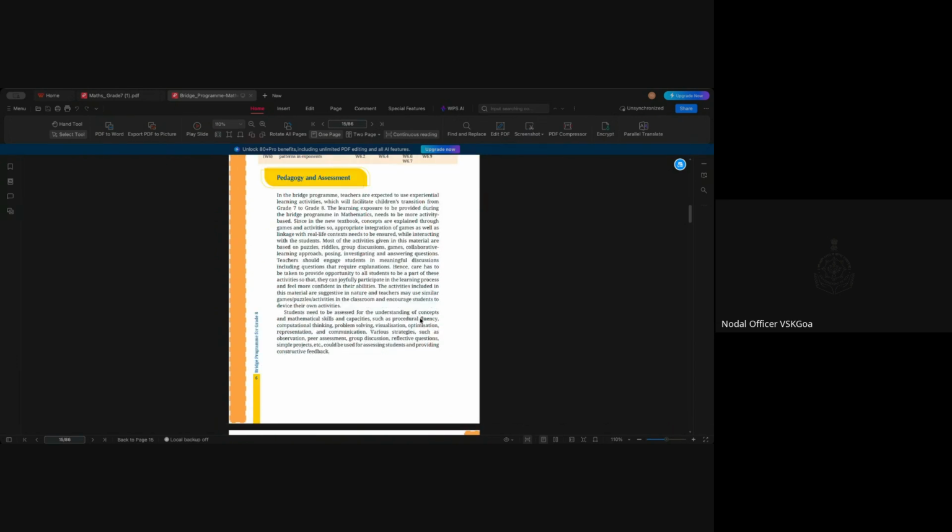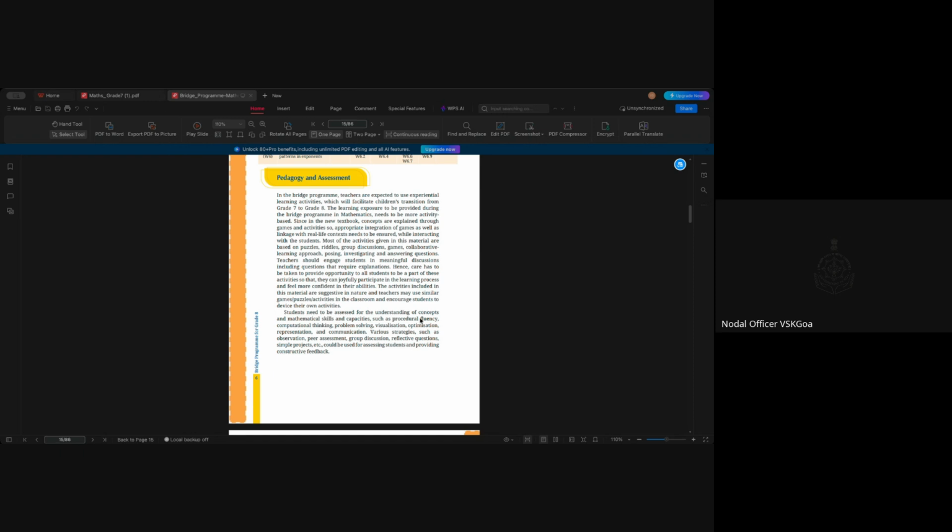Now the pedagogy and the assessment. Now over here, as you know, our NEP is focusing on activity-based learning, experiential learning, wherein hands-on activities are supposed to be done.